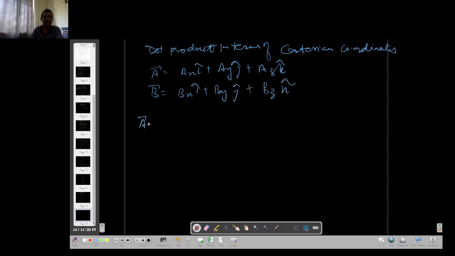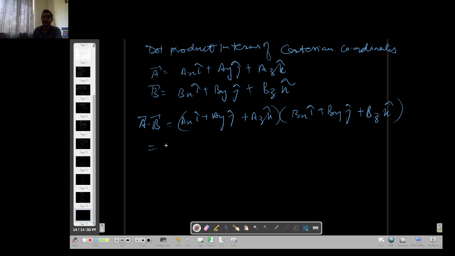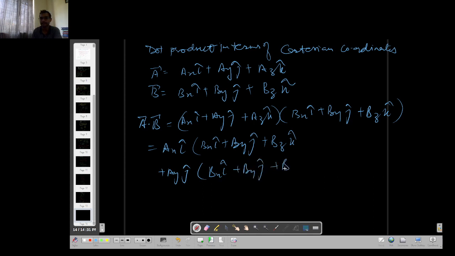And let me try to find out what A dot B is. So it is (AX i cap, AY j cap, AZ k cap) dotted with (BX i cap, BY j cap, BZ k cap).